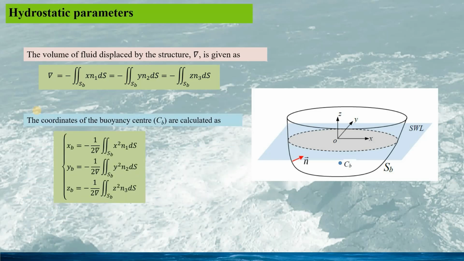The other important parameters are the coordinates of the buoyancy center, xb, yb, and zb, which are given in these formulas. The coordinates of the buoyancy center are needed when we calculate the hydrostatic restoring coefficient for the structure. We will see this later.